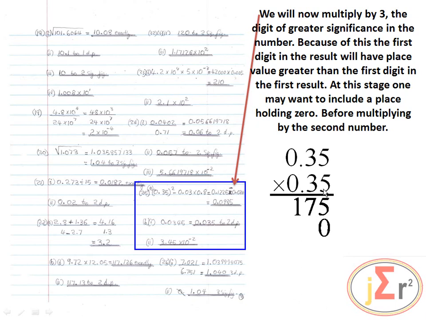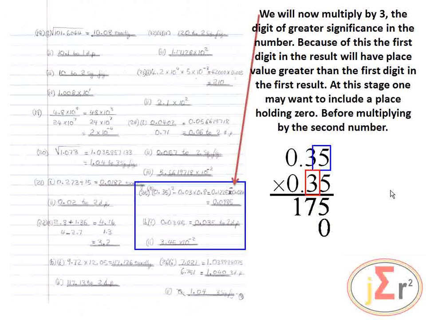Therefore, after we form the product using this one, when we are about to form the product using this one, we also need to begin at a position which is greater in significance than right here. So that is why we put that placeholder 0 here, that we can multiply by 3, and the first digit will be placed right here.